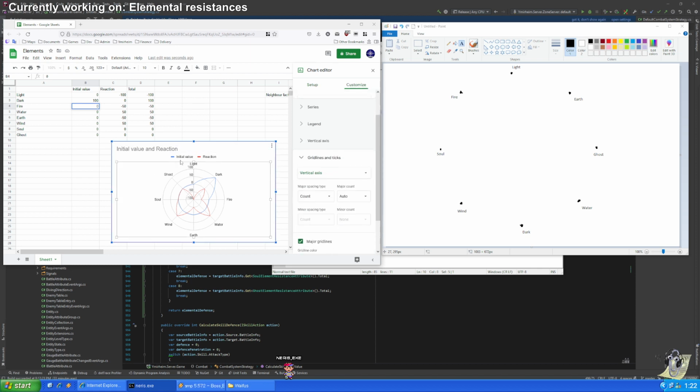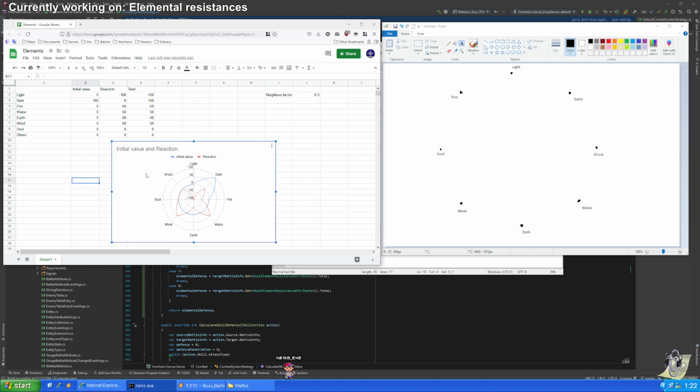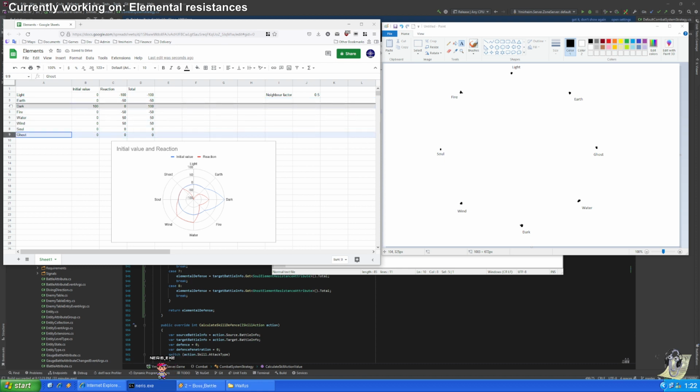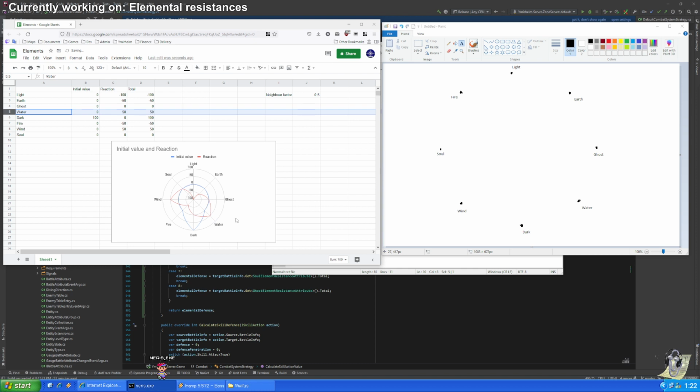So it's almost what I want, but looks like I need to reorganize. So light, then earth, then ghost, then water, then dark, then wind, then soul and fire. Just like that.